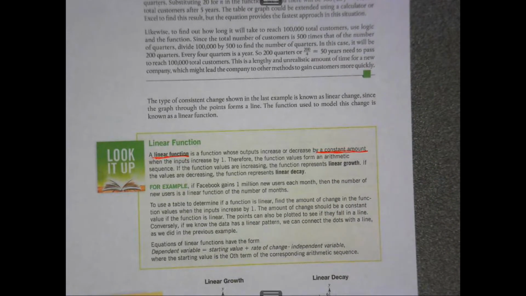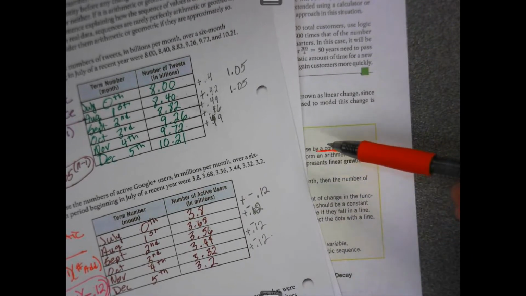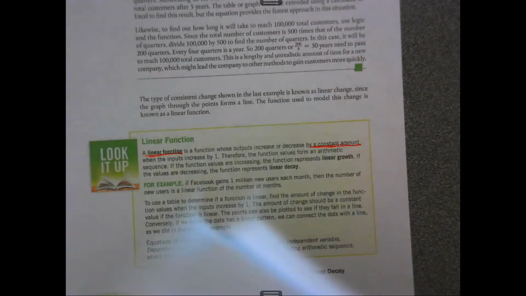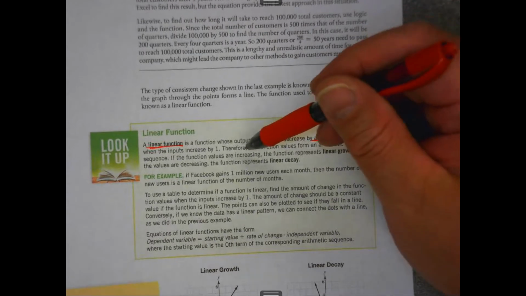And we did that with the 0.12 when we were figuring it out with the other problem. This was a decrease of a constant amount of negative 0.12.